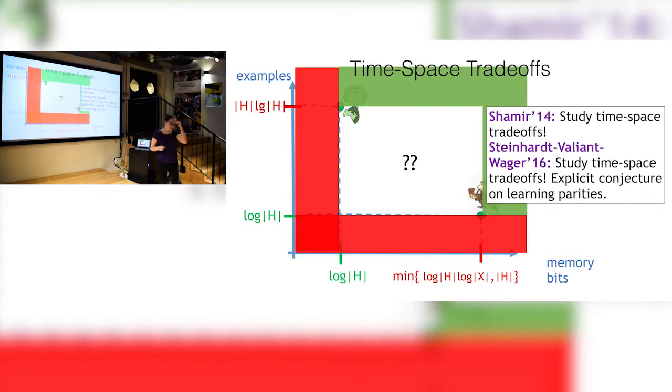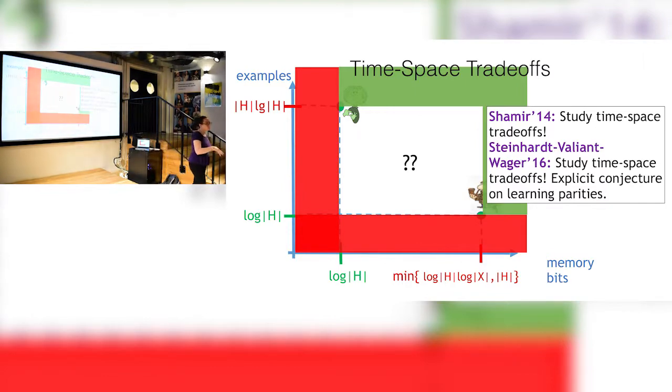This question was asked by Rachel from the Valiant Institute, and it was also asked by a paper from my group at Stanford, and they wanted to understand what's going on in here. This group from Stanford asked this question for one specific class: learning parities.